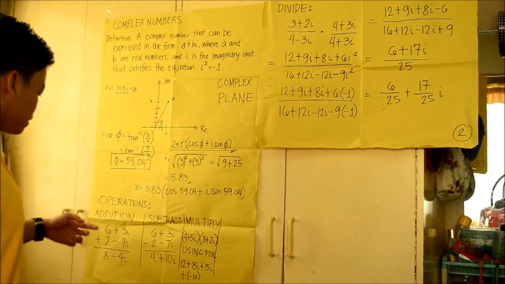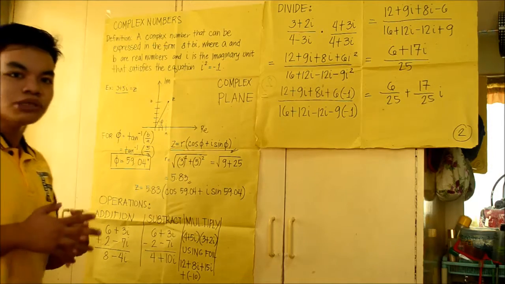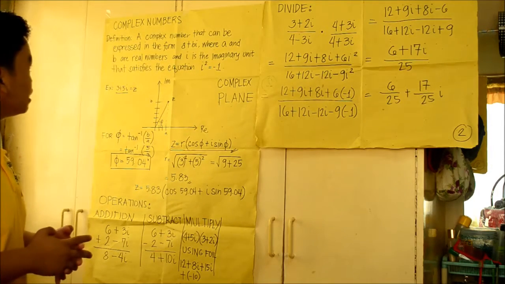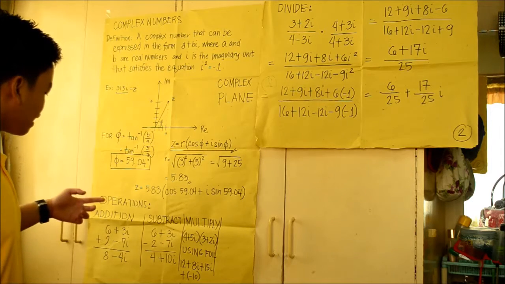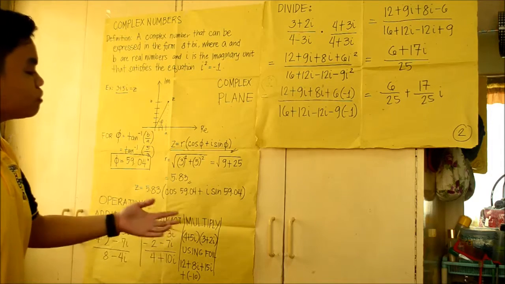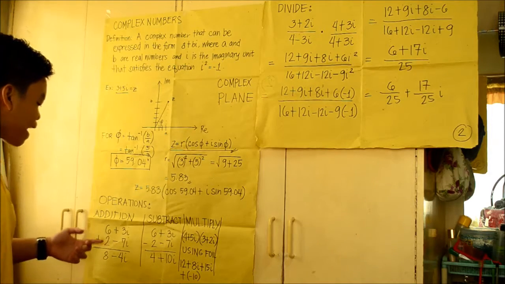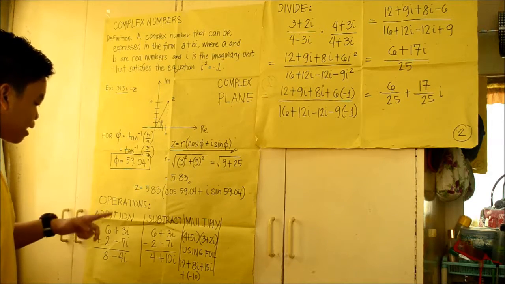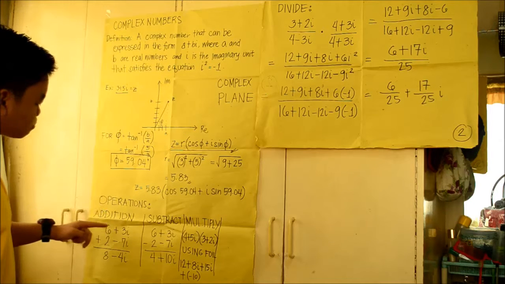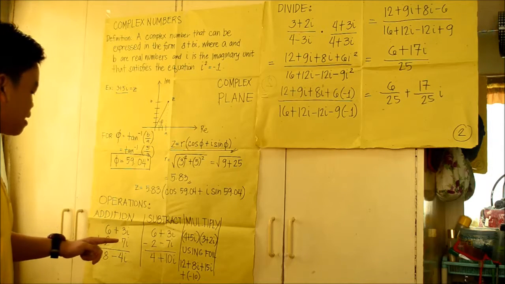Then we will also be using the operations in complex numbers, wherein we have addition, subtraction, multiplication, and division. In addition, we will simply add these equations. So 6 plus 3i plus 2 minus 7i.